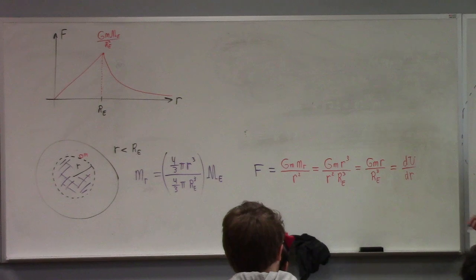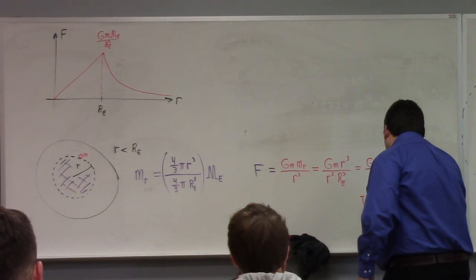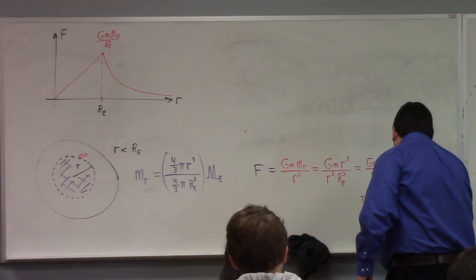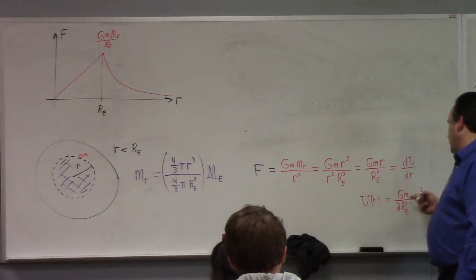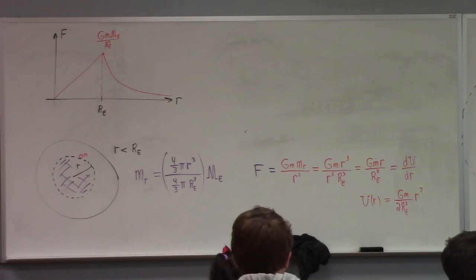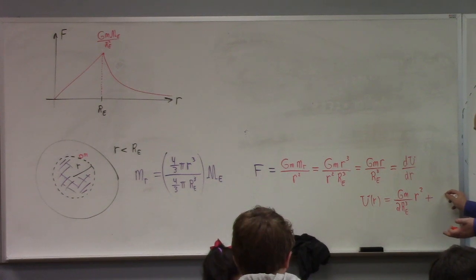So that means potential energy inside the Earth as a function of radius would be GM over radius of the Earth cubed times r squared over 2, because the integral of r is r squared over 2. So it's quadratic. And now we have to add a constant though, right? Plus some constant. I'll call it C1.